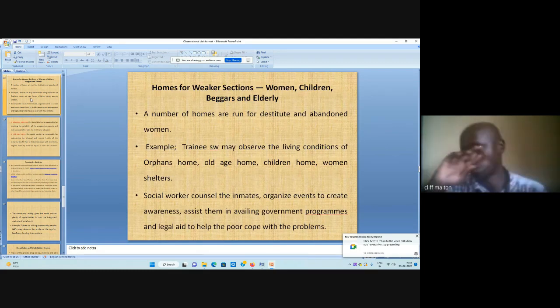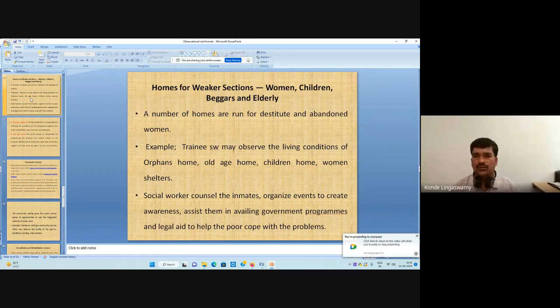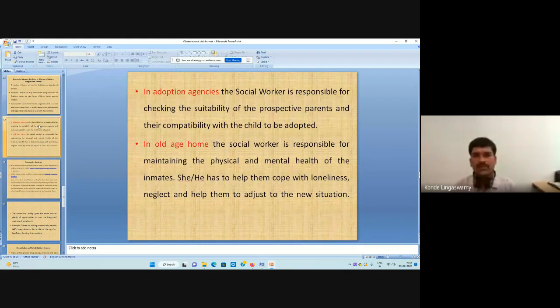We discussed homes for weaker sections: women, children, beggars and the elderly. For example, orphans' homes, old age homes, children's homes, and women's shelters. In adoption agencies, the social worker is responsible for checking the suitability of prospective parents and their compatibility with the child to be adopted.